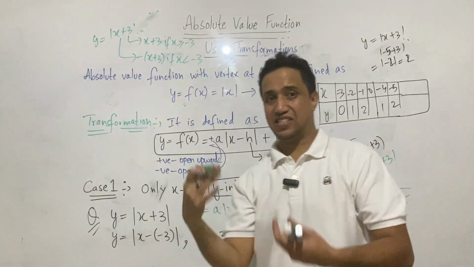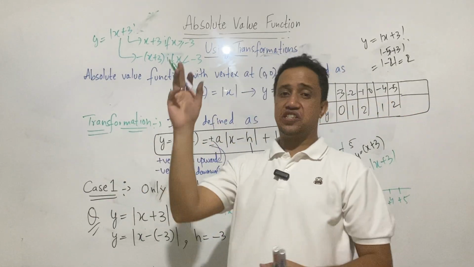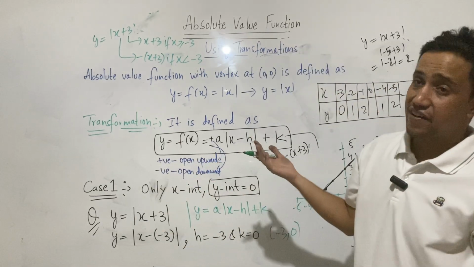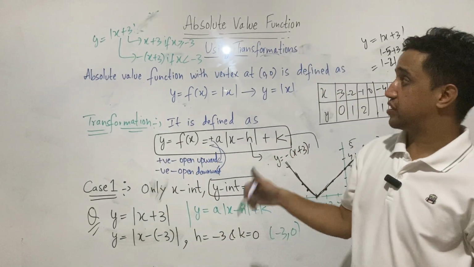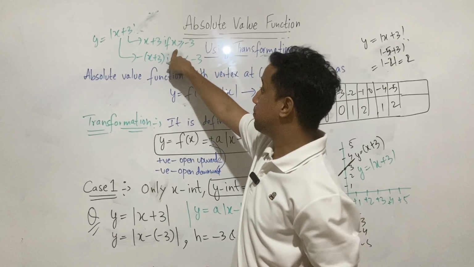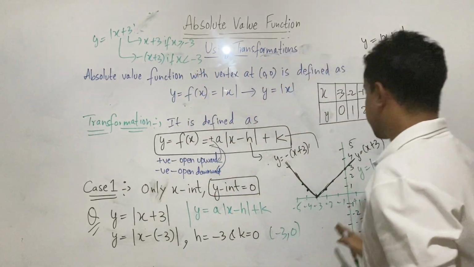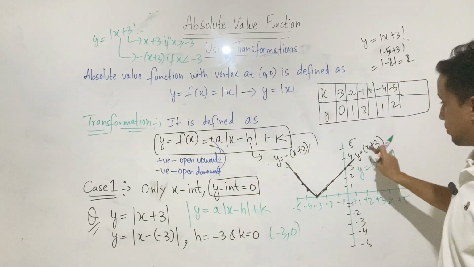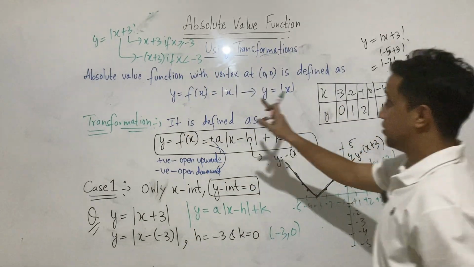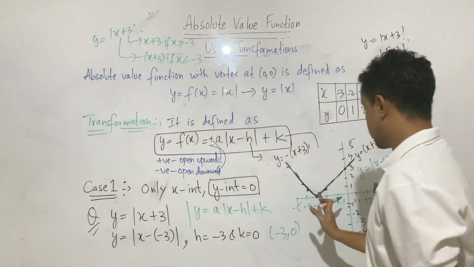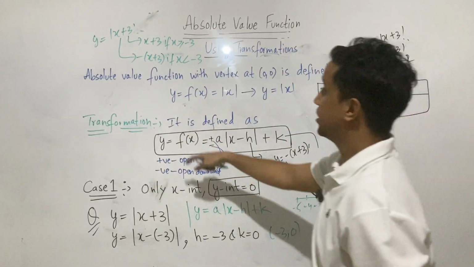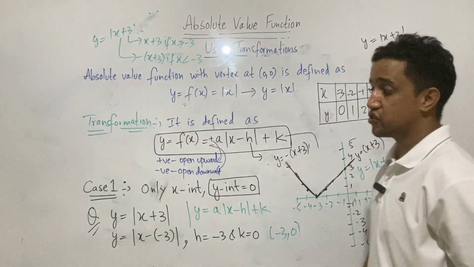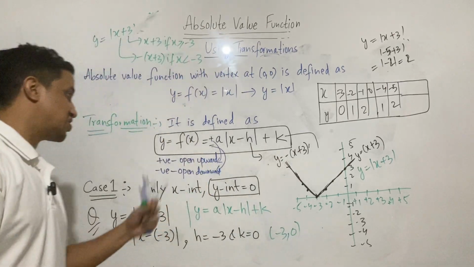Modulus function x is equal to x if x is greater than or equal to 0, and modulus function x equals negative x if x is less than 0. So I did the same thing. So this side, you can see greater than or equal to negative 3, x plus 3. That's what I wrote here. And x less than minus 3, as you move towards left, you will get y equal negative of x plus 3. I hope this question is clear.